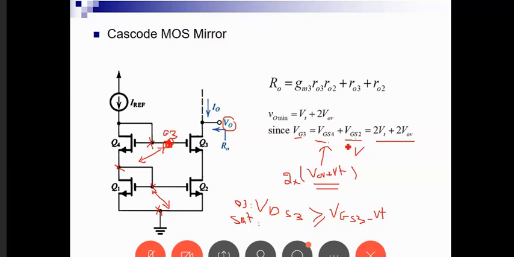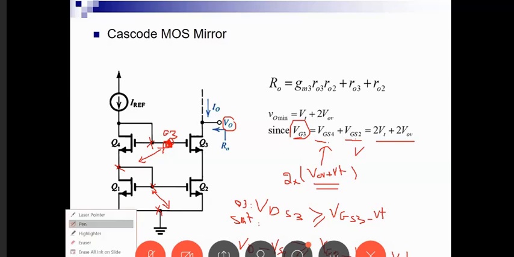Now, I know what VG3 is. So VDS3 is really VD3 or VO minus VS3. And I want this to be greater or equal to VG3 minus VS3, minus VT.